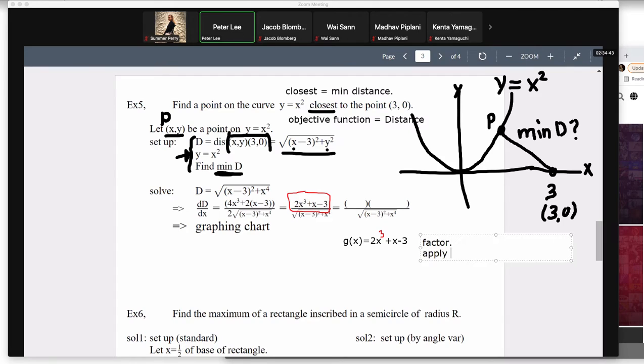We apply the rational zero theorem, and what is the other theorem? Apply the factor theorem.